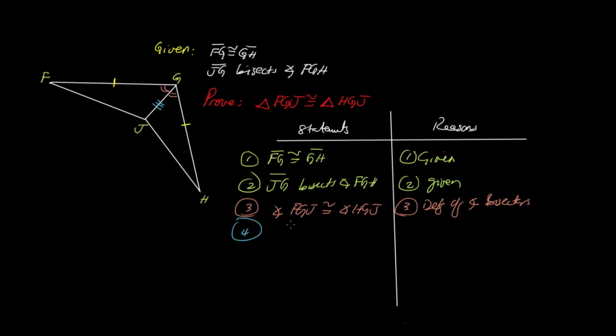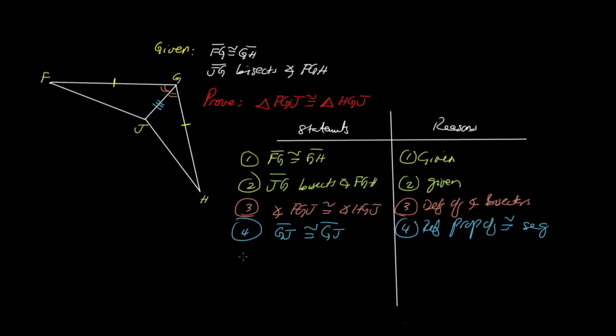Now before we put the triangles congruent, we have to use a beautiful reflexive property. GJ is congruent to itself, right? Just because of the reflexive property of congruent segments. There we have it.